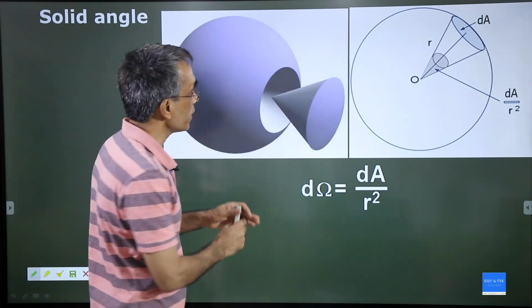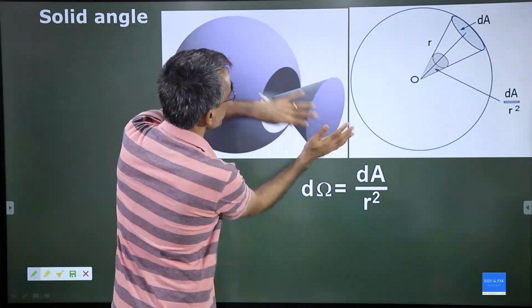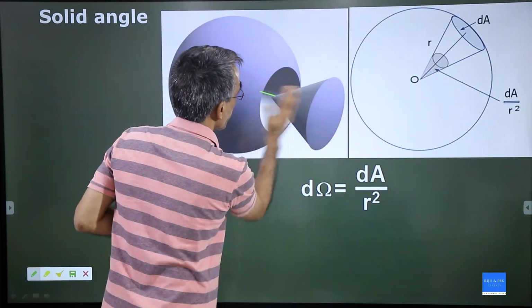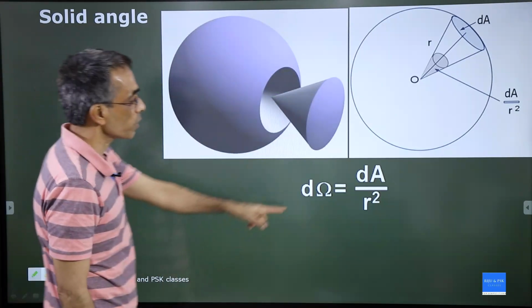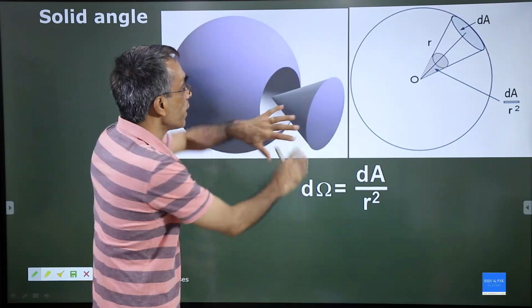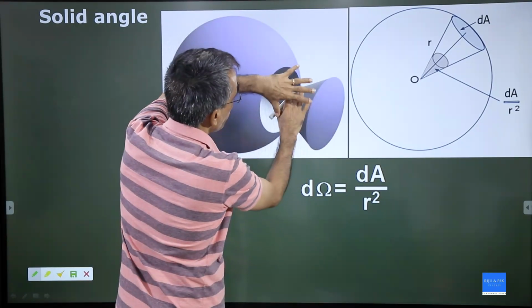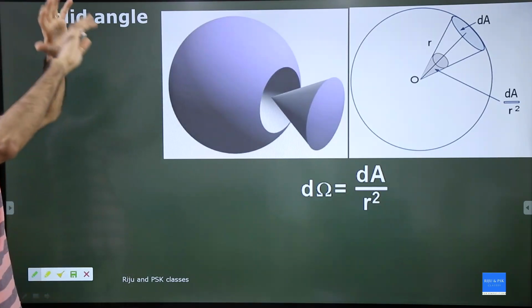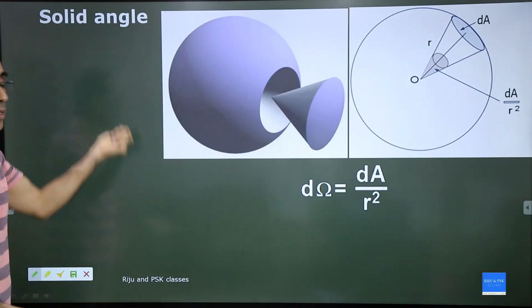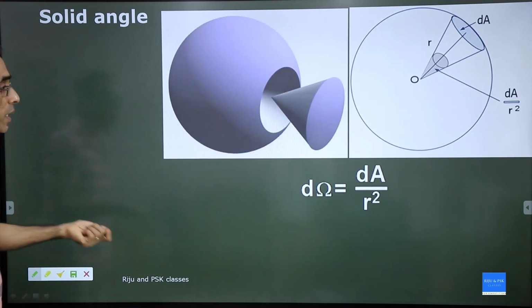Now listen, and I am talking about that area by r square. What is the largest area of this thing? If I make it larger, the largest area will become the area of the sphere.